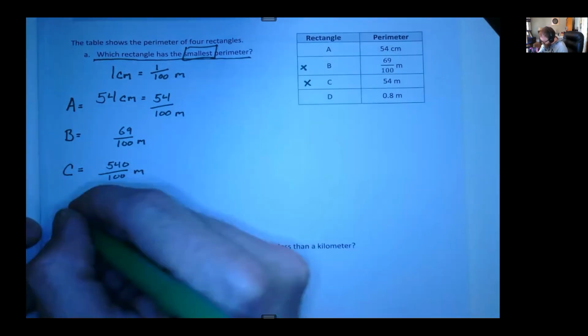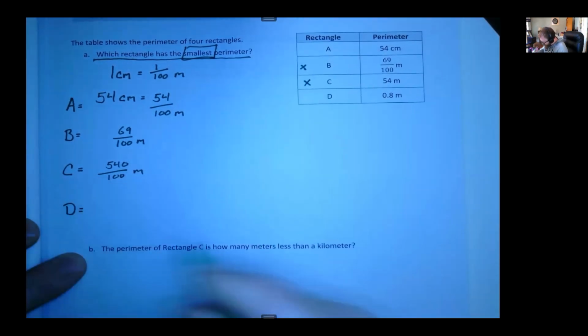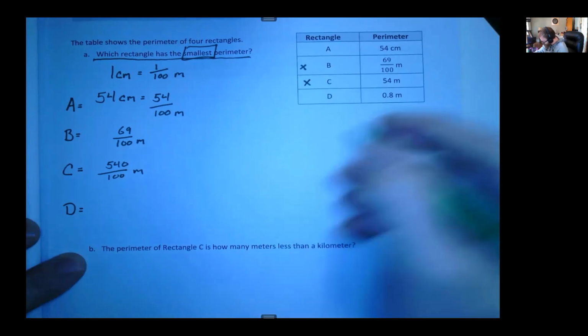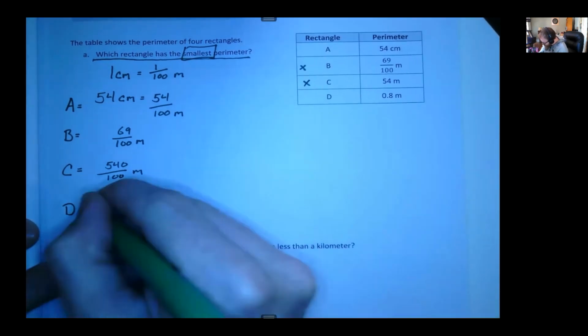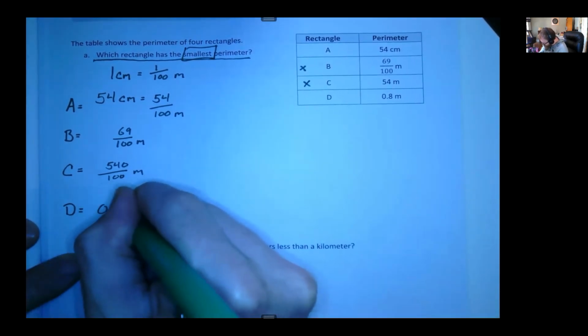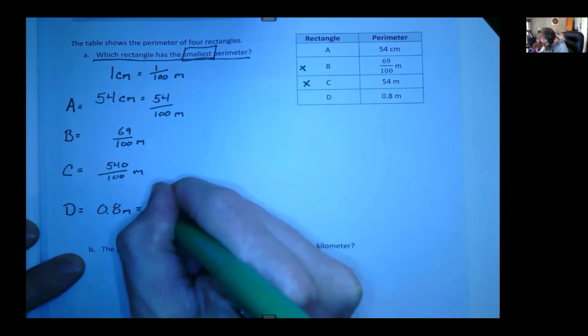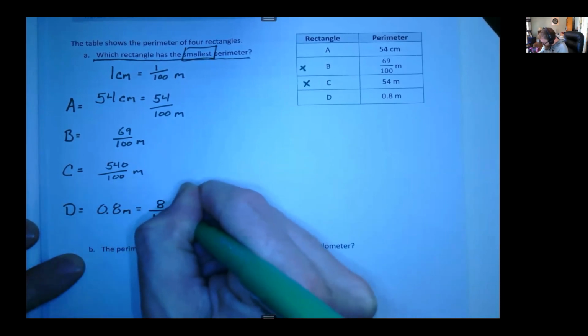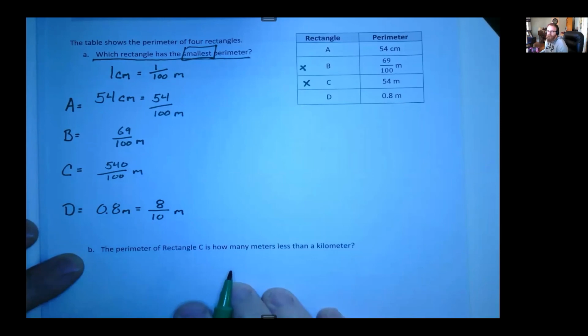Okay, and rectangle D is written as a decimal. Let's change that to a fraction. 8/10 written as a decimal. Let's rewrite it as a fraction, which we all know how to do. 8/10 of a meter. We should be able to write it as hundredths of a meter, though, in order to compare our perimeters easily.